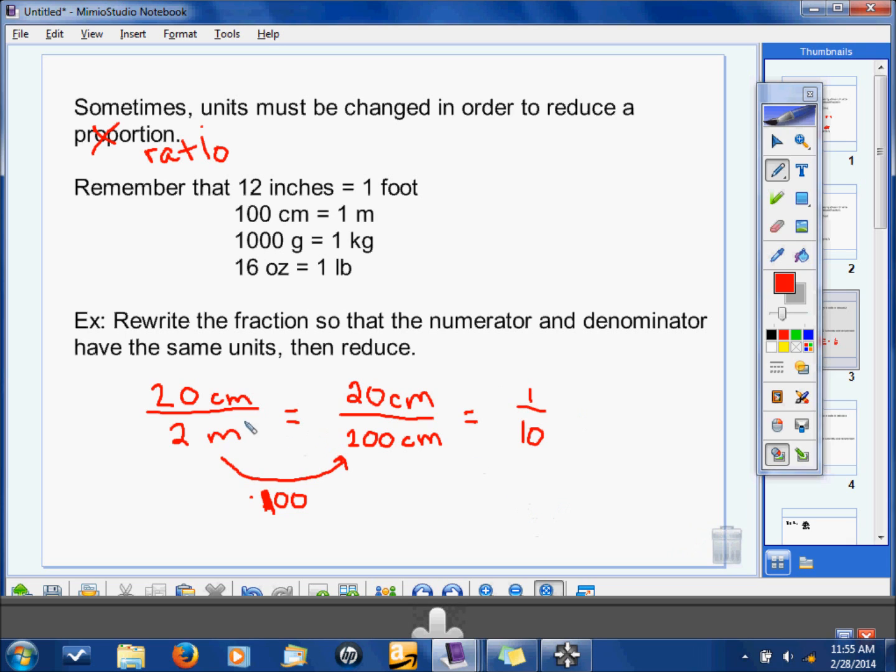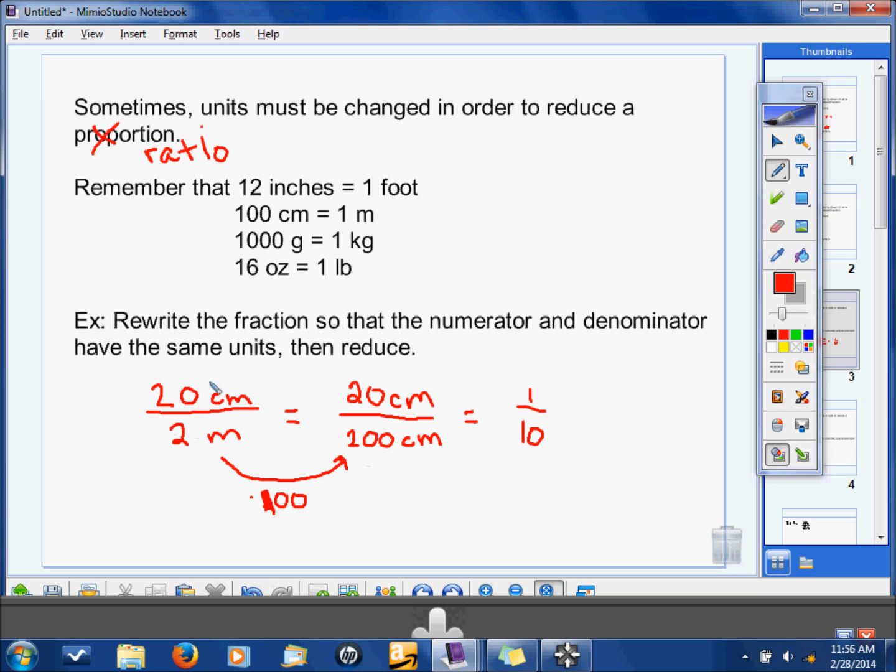So they have to have the same units first and then reduce. So that's one thing that you can do with ratios. Question? Could you just divide that and make 10 and then add the 1? No, you can't, because this one just happens to work that way because it's 100, but it may not work this way.